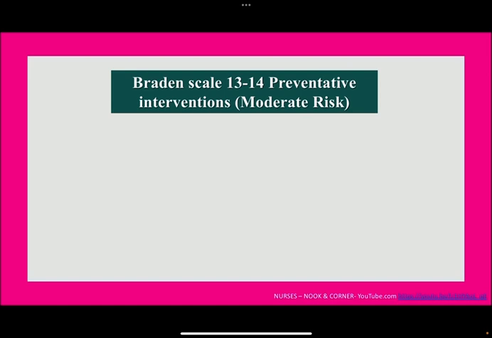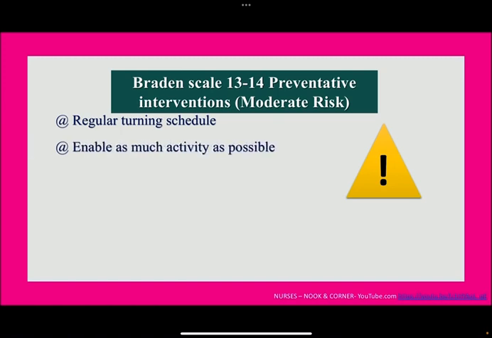If the Braden scale is between 13 and 14, preventive intervention for moderate risk has to be achieved, like a regular turning schedule, and we need to enable as much activity as possible.